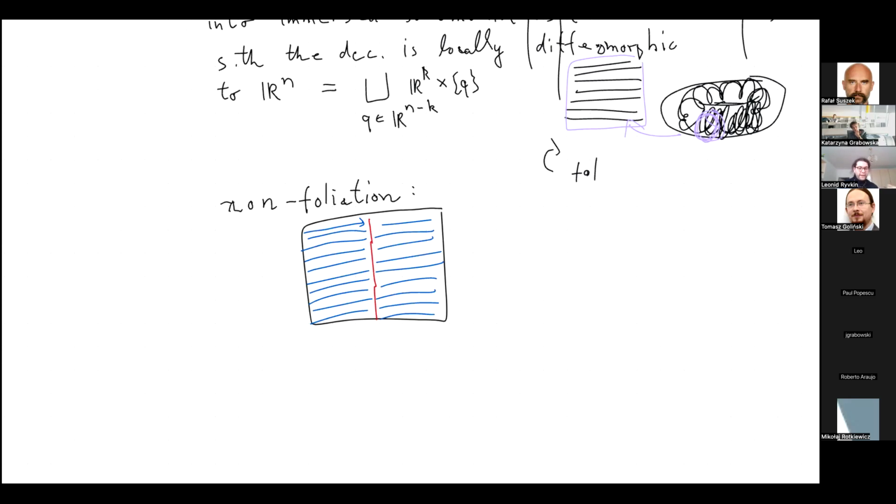So near the red line, there is no way to straighten the vertical and the horizontal lines into the model case. So this would not be a foliation for us.